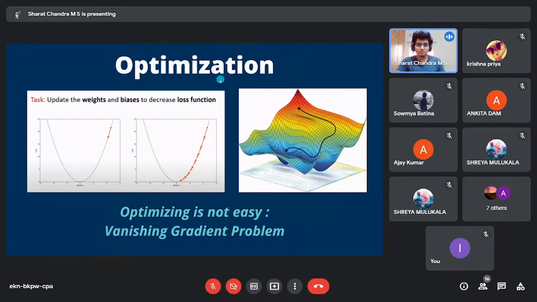The whole process of doing this is called optimization, and it's not very easy, though it looks very straightforward. This is the gradient plane. All you have to do is start somewhere here and reach the global minimum of it. You might simply say, what's there in this, I'll simply throw a stone and it will probably end up rolling here.